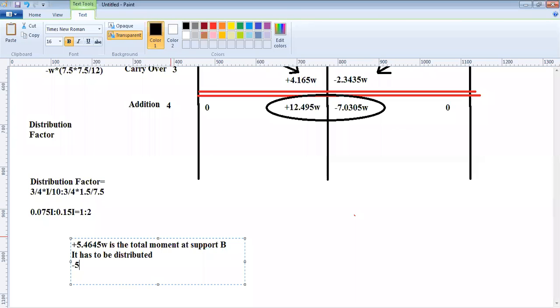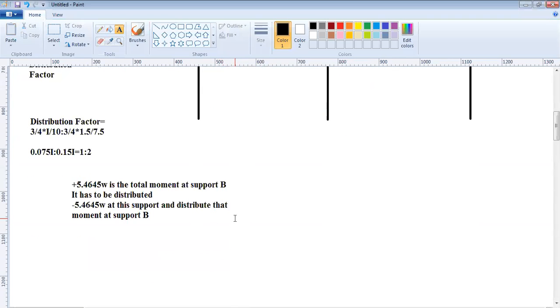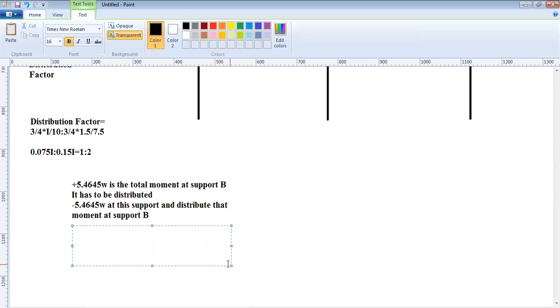We add a negative moment of 5.4645 W at this support and distribute that moment at support B. So I have to give minus 5.4645 W at support B and distribute that moment.